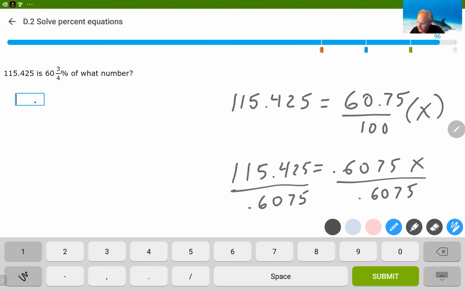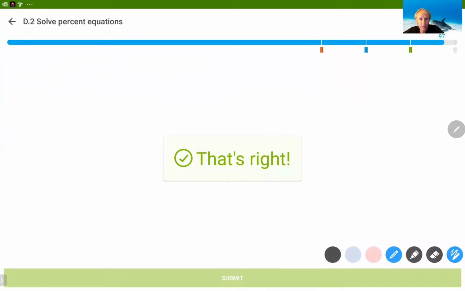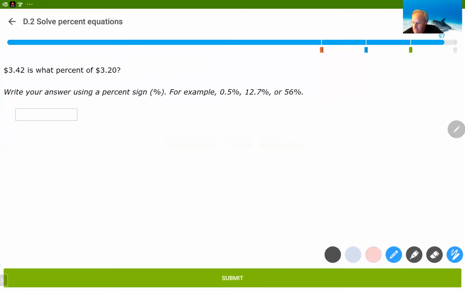And let's see if it makes sense. 60% of 190 is about 115. It seems reasonable. 342 over 320.